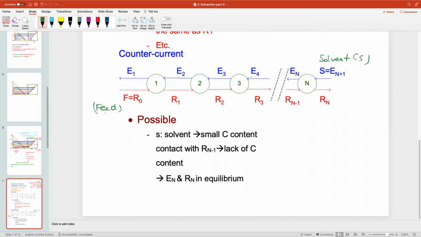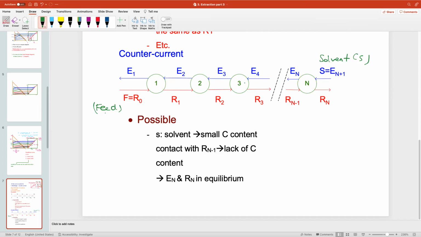In stage 3, we have E from the next stage, which is E4, because the next stage is 4. The E4 is in contact with the raffinate from the previous stage, stage 2, and then they mix together, with intimate contact between the liquids, and then they approach equilibrium.